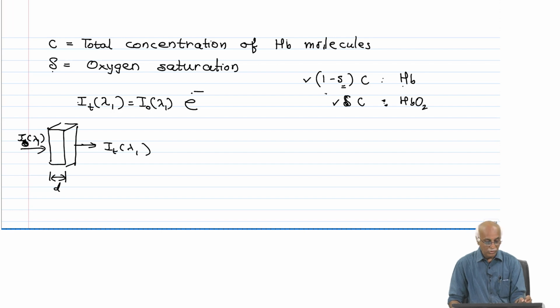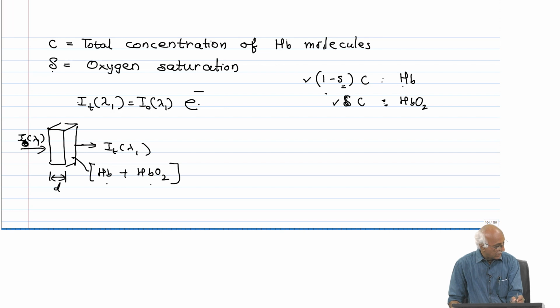And there are two components: hemoglobin plus oxyhemoglobin. Of course, there are other constituents, but at present we are neglecting those aspects. We are just assuming that blood has hemoglobin and oxyhemoglobin, and no other absorption or scattering medium is present.